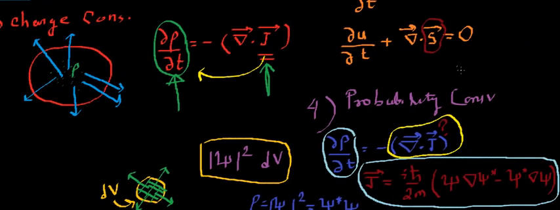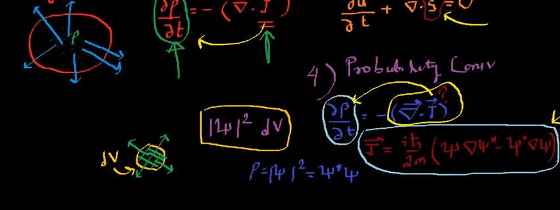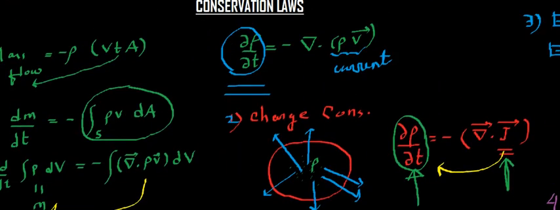In EM waves, that is conservation of energy, the current was the Poynting vector, related to energy. Similarly here the current is J and it is related to probability. In the next lecture we'll derive this object, and why J is in such a form. I hope you understood the main idea behind conservation laws in quantum mechanics, and our next target will be to derive this conservation law.